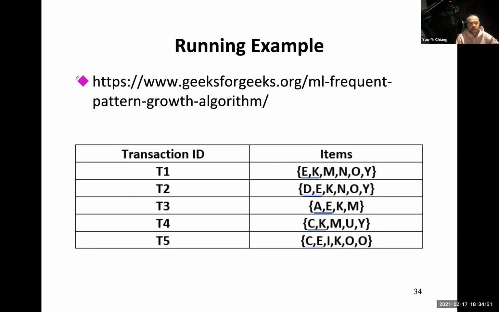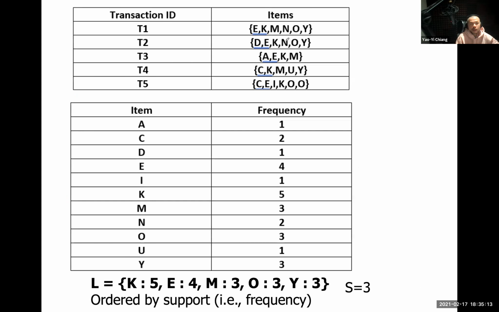So here's a running example, and you can also look at this website. They have some explanation of this algorithm. So say you have 5 transactions. These are all the item sets you have, the transactions, right? Like the market basket model. This is your basket, 5 baskets, some items. Pass number 1.